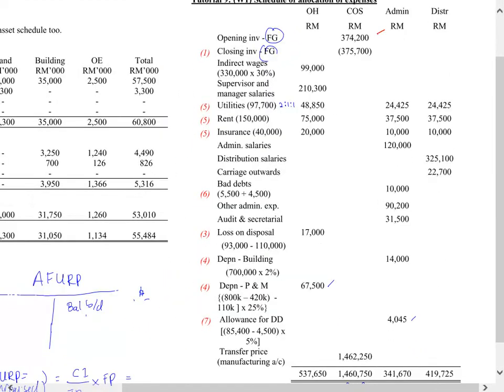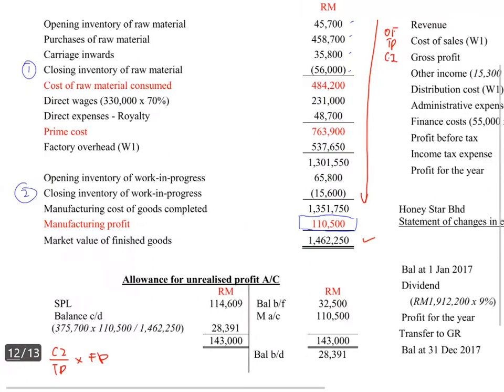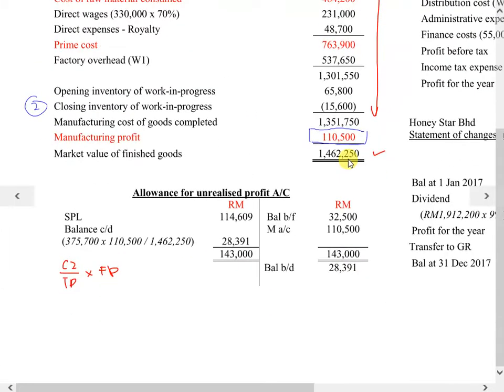Opening finished goods, transfer price, less closing will be my cost of sales. You don't show it in the P&L, but you show it as part of working. Okay? Opening plus transfer price less closing is my cost of sales. Later we go through step by step, but over here you have your opening, factory profit, closing.